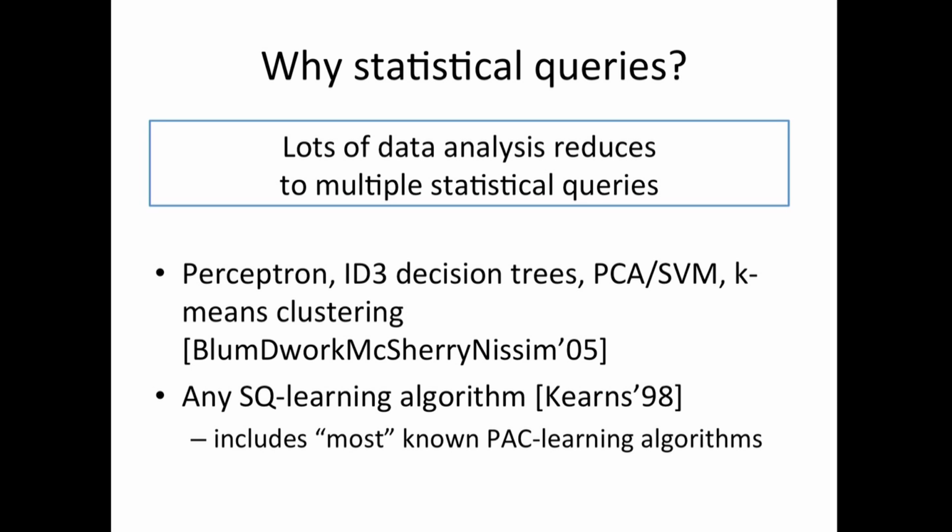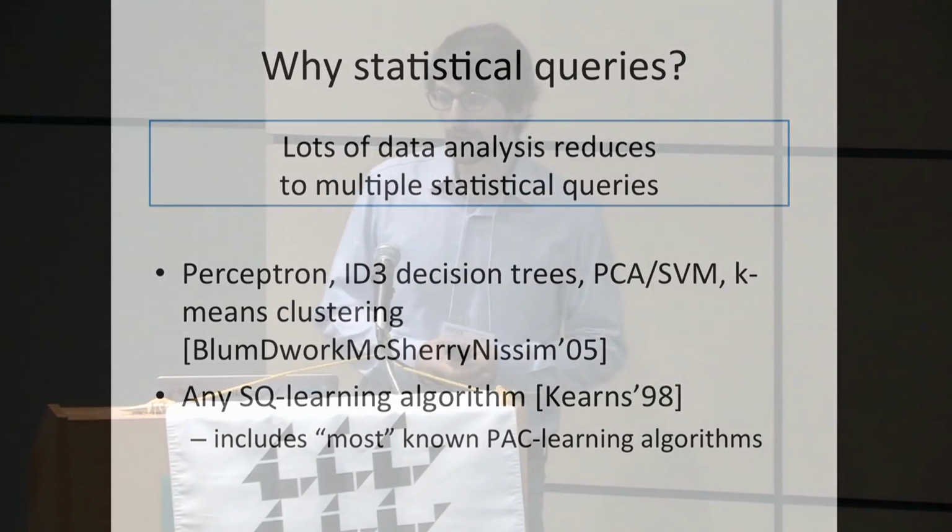And moreover, there's this statistical query learning model that was proposed by Kearns, and anything that you can learn in this model, you can actually also implement using the statistical queries that we just looked at. And this model really includes a lot of the things that we can do in learning theory. So these queries are actually very general. Even though they have such a simple representation, they're quite general.